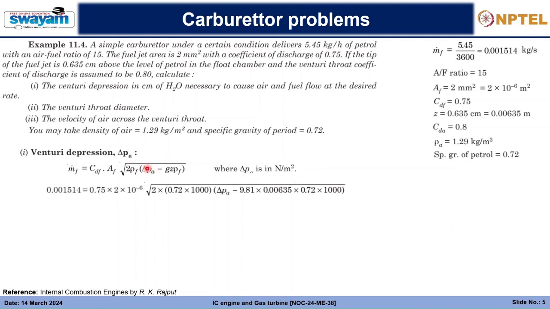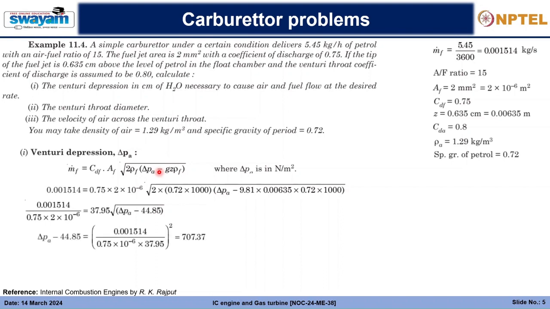So from here we can directly evaluate delta PA by putting in the values, and finally we get delta PA to be 752.22 Newton per meter square.